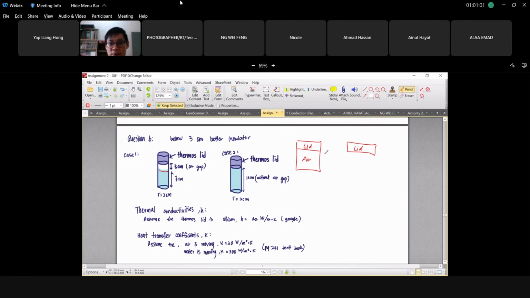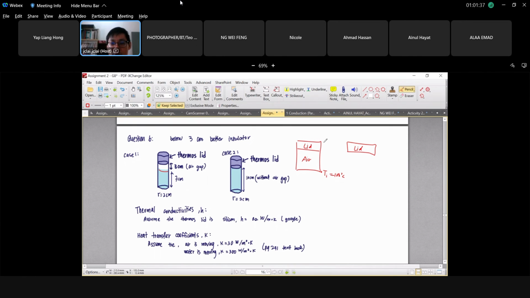It is very difficult for me to draw. I cannot put a mark. Okay, it's here. I want to mark, but I cannot mark. This is T in. We assume the water is boiling, 100. So we assume here is 100, right?